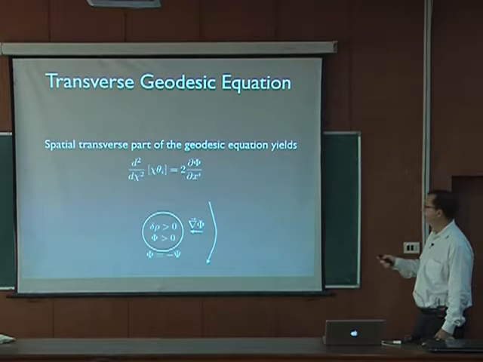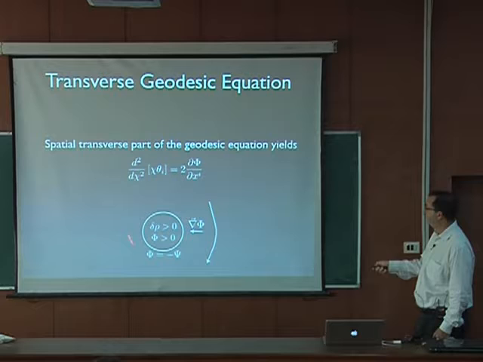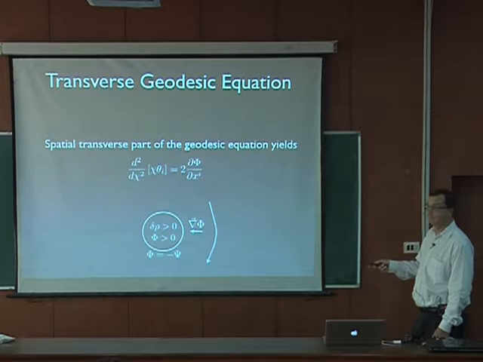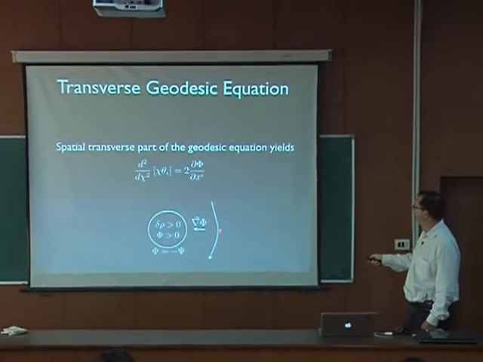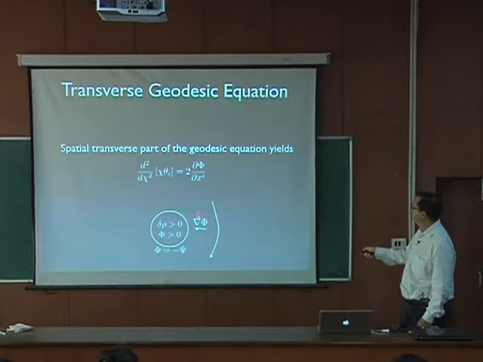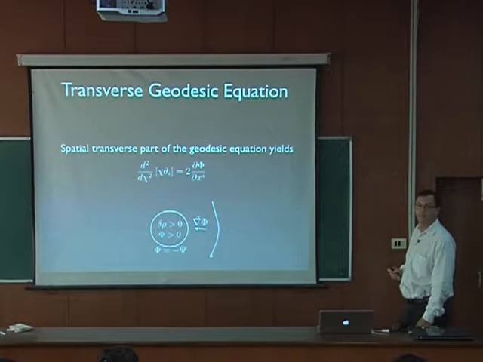Physically, it means that if you have, let's say, an overdensity here, for instance the lens, then the photon feels some kind of transverse acceleration, perpendicular to the line of sight, equal to 2 times the gradient of the potential phi.